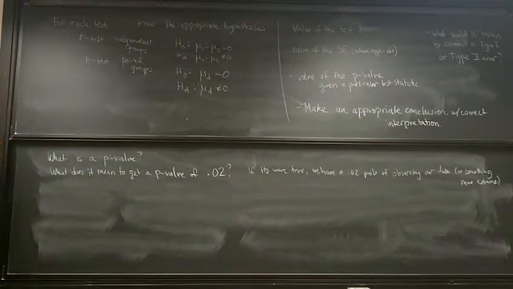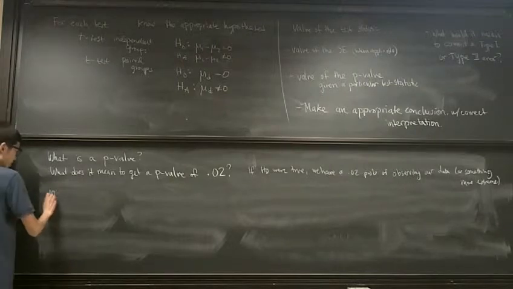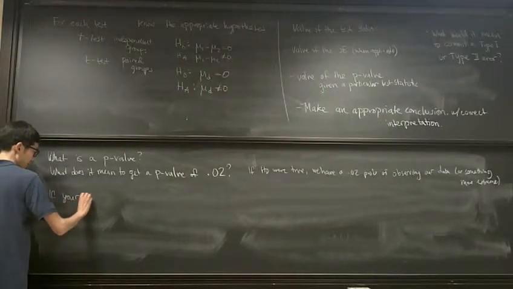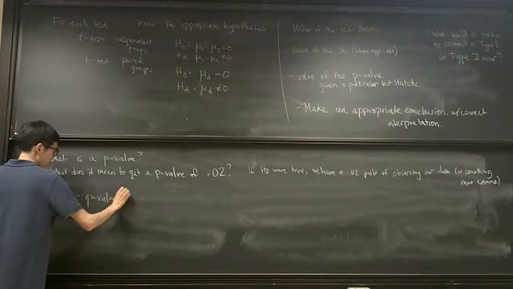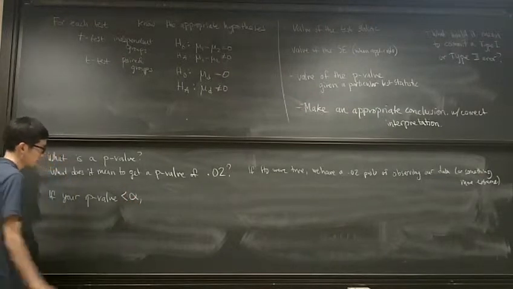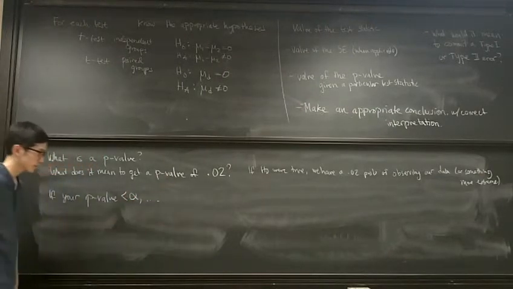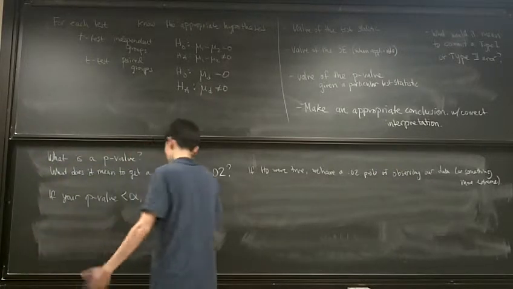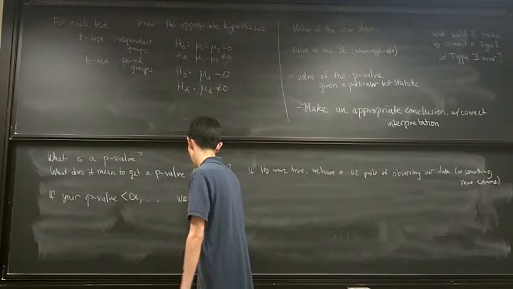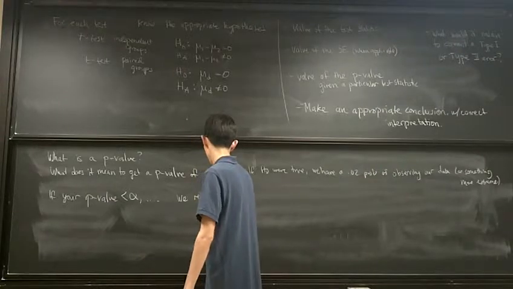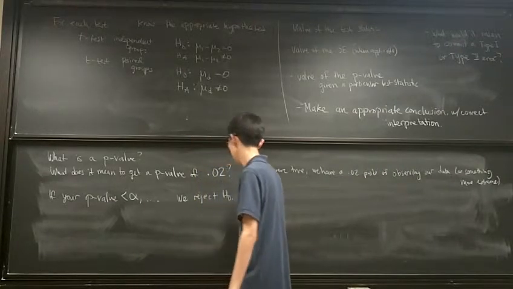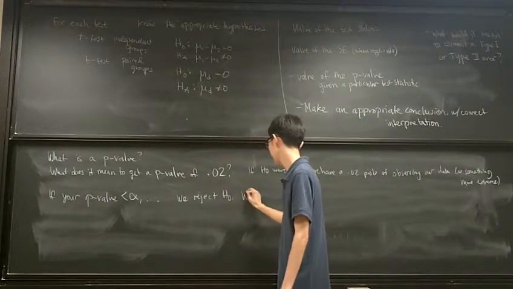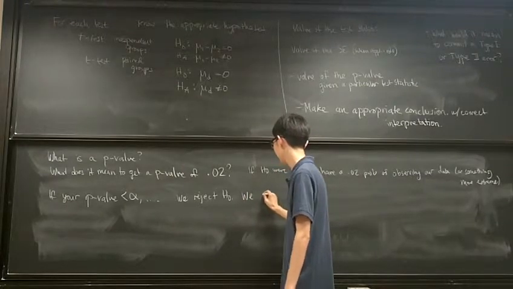Okay. So if your p-value is less than alpha, what does that mean? It means, well, there's a bunch of things. It means we reject the null. We accept the alternative.